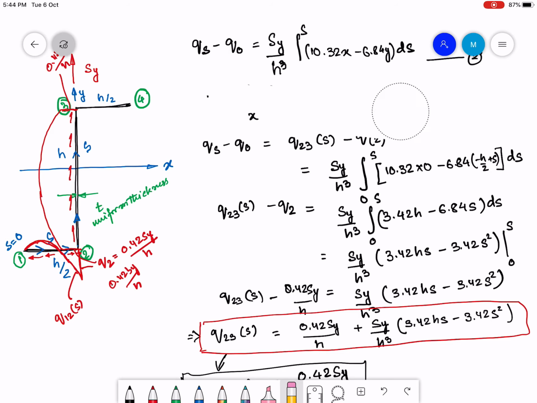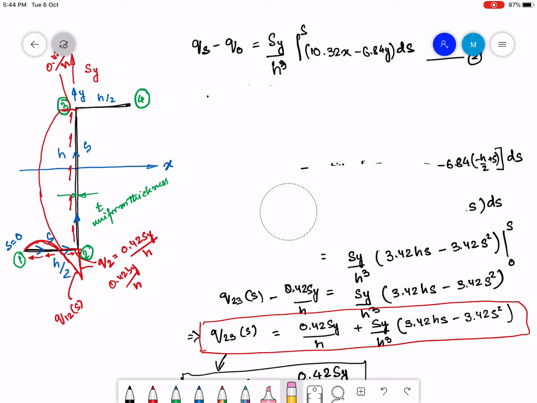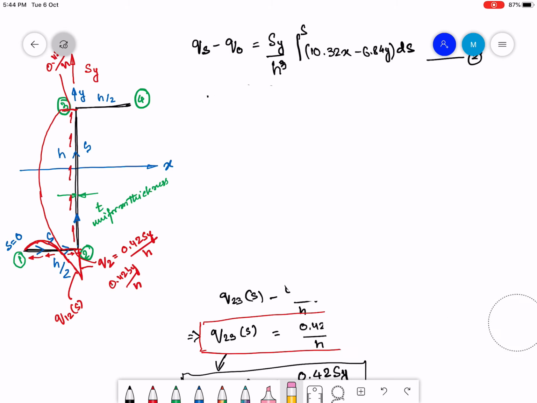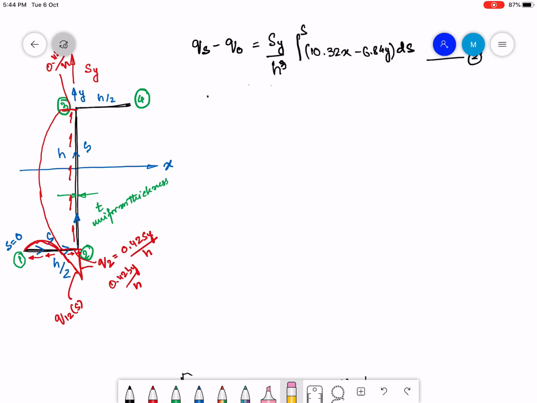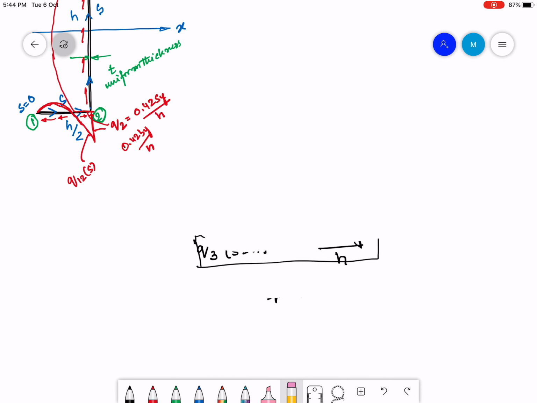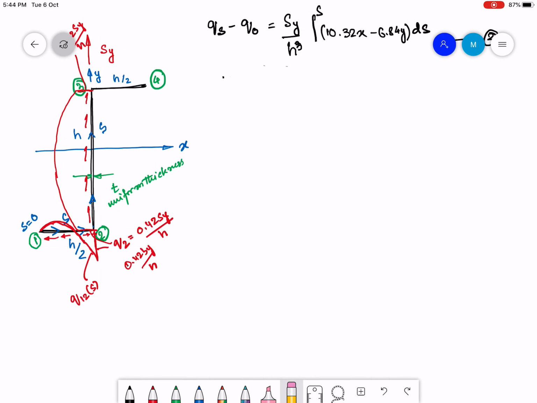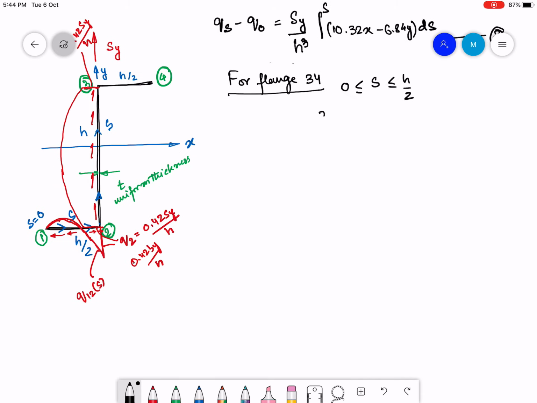Okay, so now the next job is to find out for the flange 3-4. So for flange 3-4, again I can say S is going to be between H by 2 to 0.